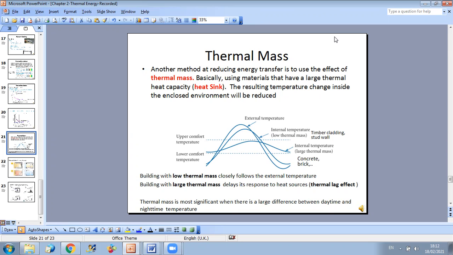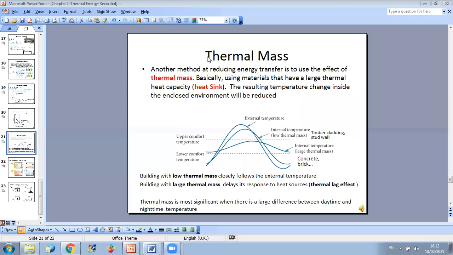Therefore, the resulting temperature change in the building will be reduced, as can be shown in the figure. This ensures thermal comfort in the inner space. For example, in the following figure, we can see the profile here.